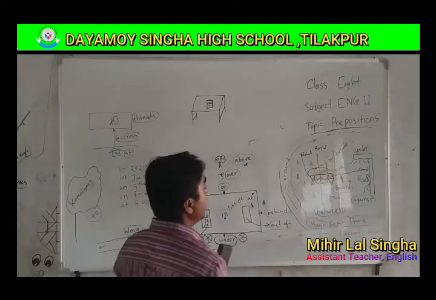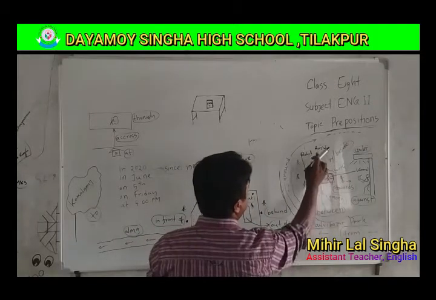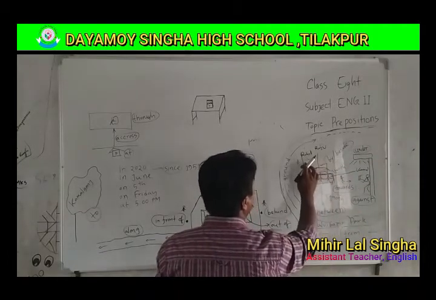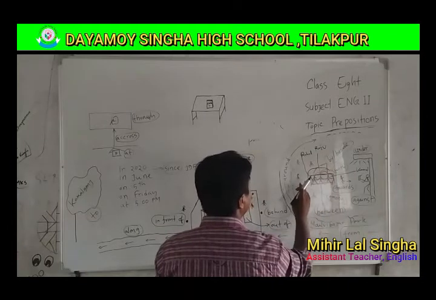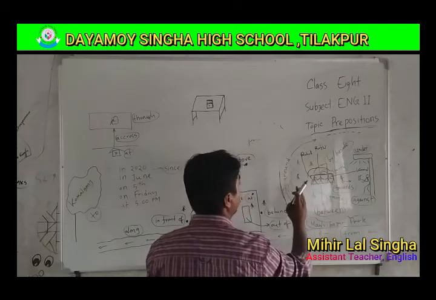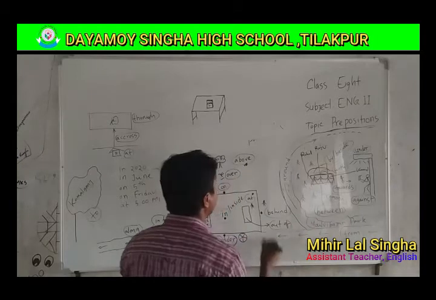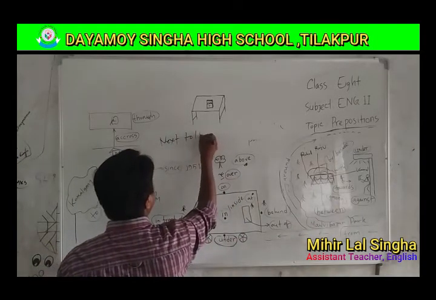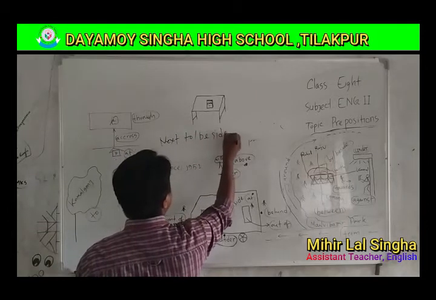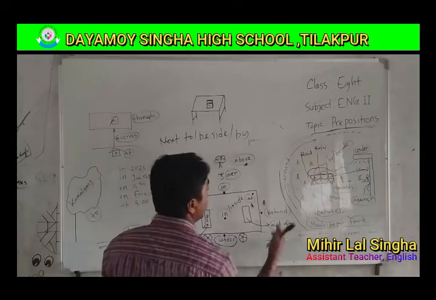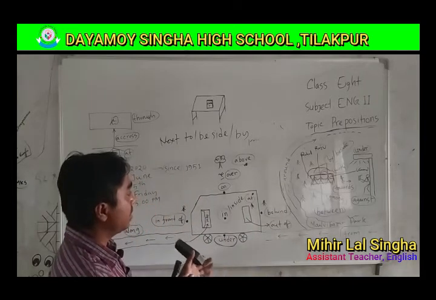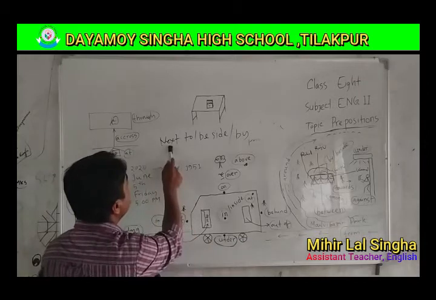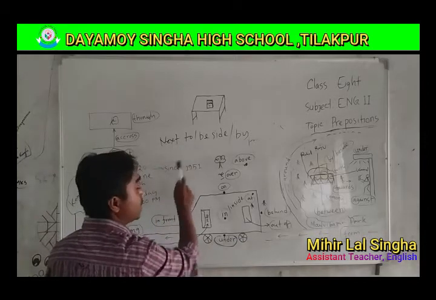So Kamal is sitting next to Raju or beside Raju, and Rahul is sitting next to Raju or beside Raju or by Raju. Okay, if something is very close to something, then we can use the preposition next to.